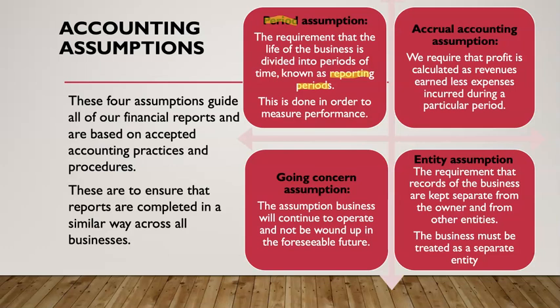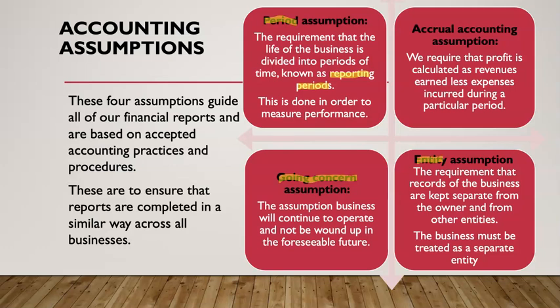We have the going concern assumption, and this is the assumption that the business will operate forever and will not be wound up or become bankrupt. Because if we are concerned that our business is going to go bankrupt, it's going to be hard for us to make reports that talk about assets being held for a long time.